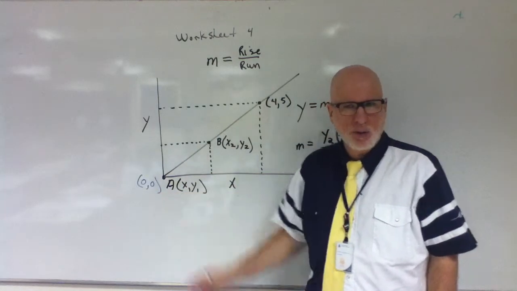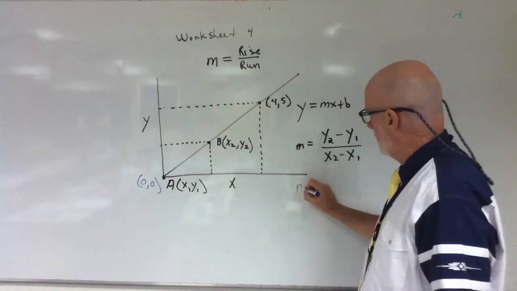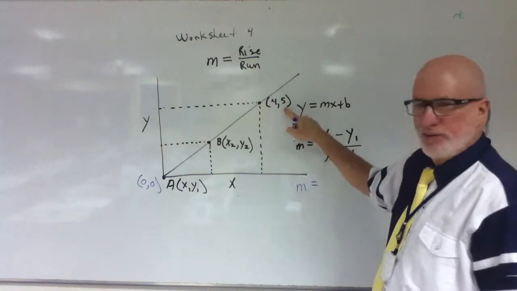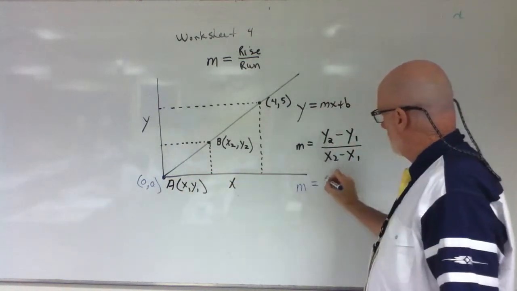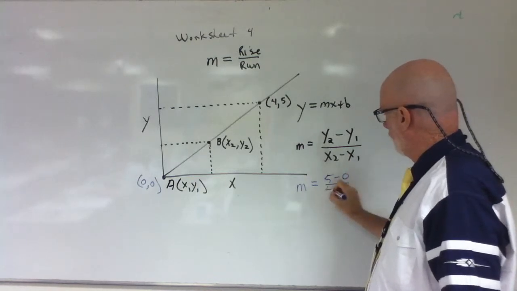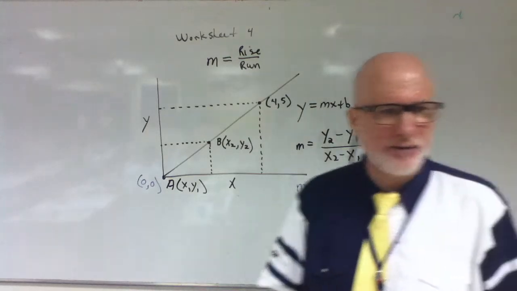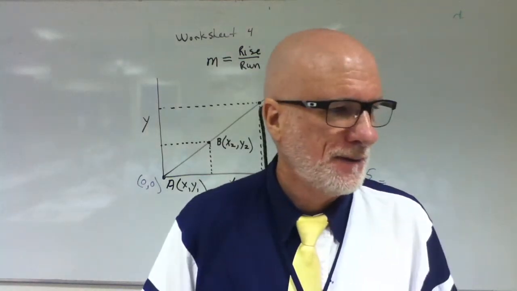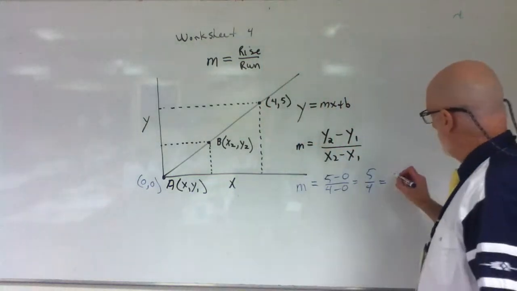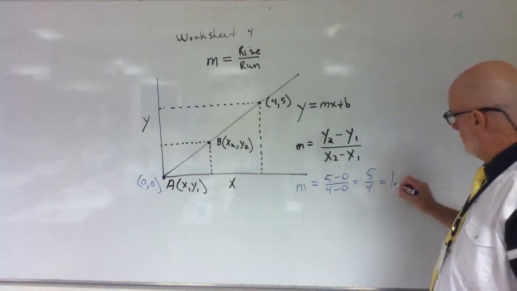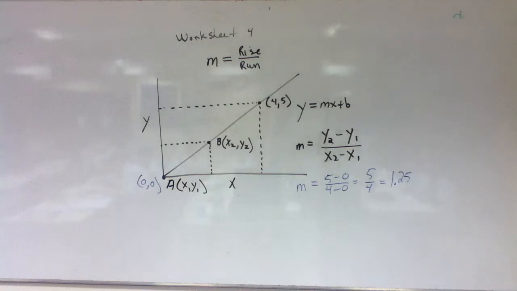Won't it be m equals 5 minus 0 over 4 minus 0, equals 5 over 4? What's 5 divided by 4? 1 and a quarter, exactly. It would be 1.25.